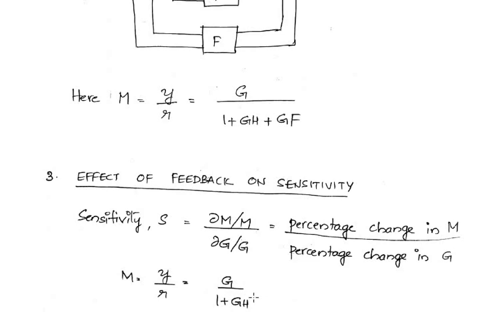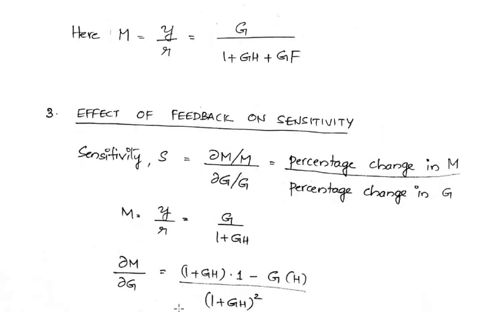So if that is the case, then ∂M by ∂G is equal to 1 plus GH into 1, since the derivative of G with respect to G is 1, minus G into H, divided by 1 plus GH whole square.